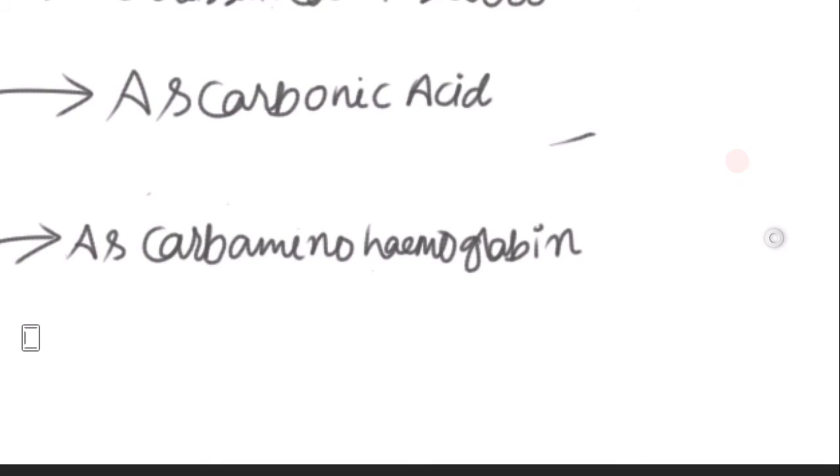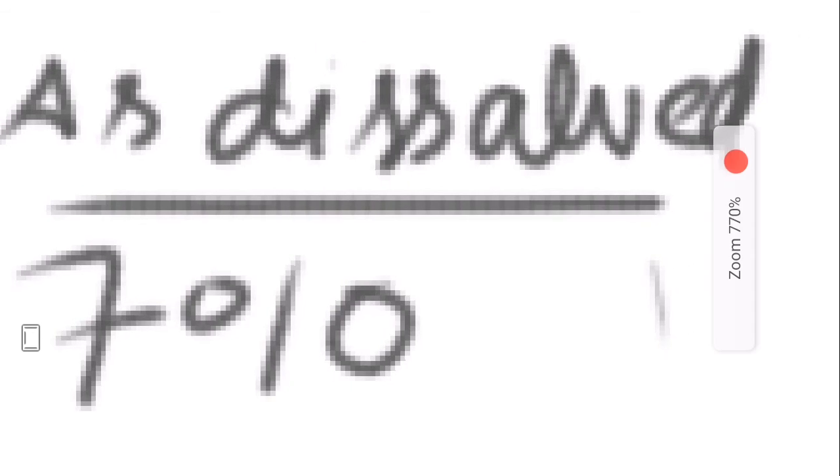Let's discuss them one by one. The first is as dissolved: 7% of the total carbon dioxide is transported as dissolved in the blood plasma and is carried in solution to the lungs, and from the lungs it is excreted from our body.